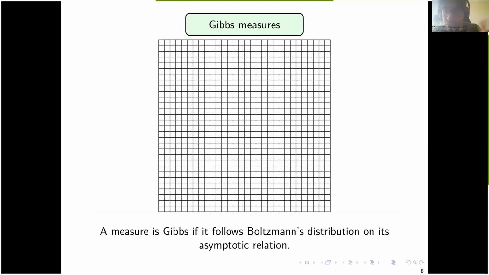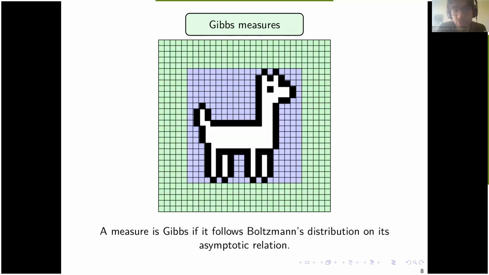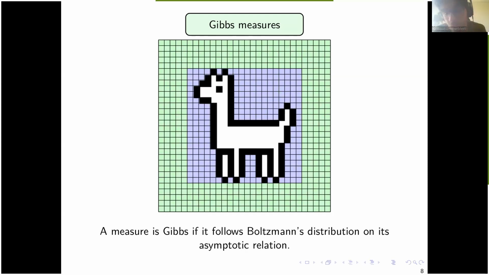You take configurations, say on Z^2, and a measure is going to be Gibbs if it follows Boltzmann, and the blue part is changing. So I can have different patterns inside this blue thing. For instance, I might have this pattern for some configuration, I might have this other pattern.